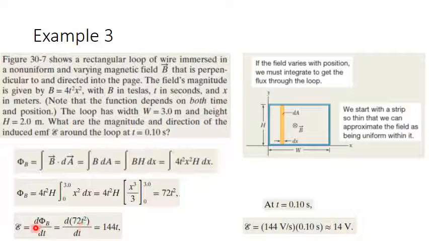So the induced EMF would be 144 t. Now applying t equals 0.1 second, the induced EMF is 144 multiplied by 0.1, so it is 14.4 volts. This is the value of the induced EMF inside the loop due to this time varying magnetic field.